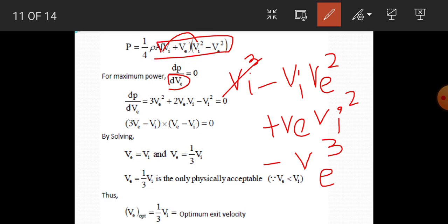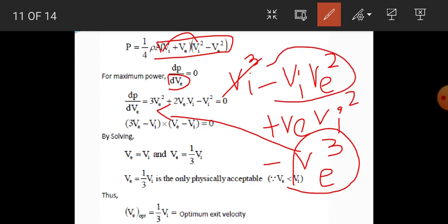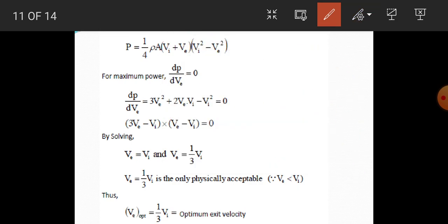The differentiation of ve cube will be 3 ve square. The differentiation of vi ve square will be twice ve into vi, and the differentiation of the last term will be just vi square. So here we got our equation after differentiation.